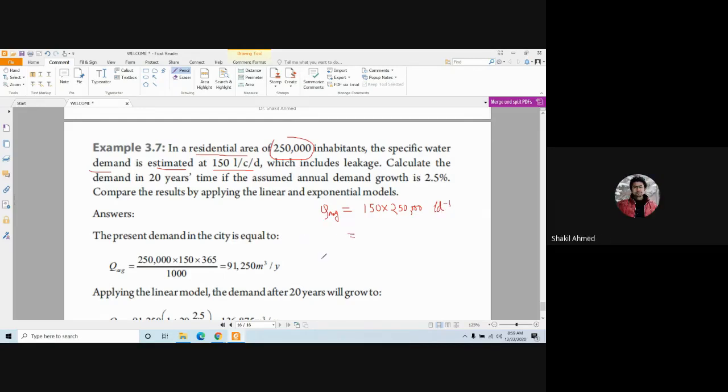Now, if you want to convert it to meter cube, then you have to divide it by 1,000. 150 into 250K divided by 1,000. That means your liter becomes now meter cube. Now per day, if you want to convert it to per year, then you have to multiply this with 365. It's easy.